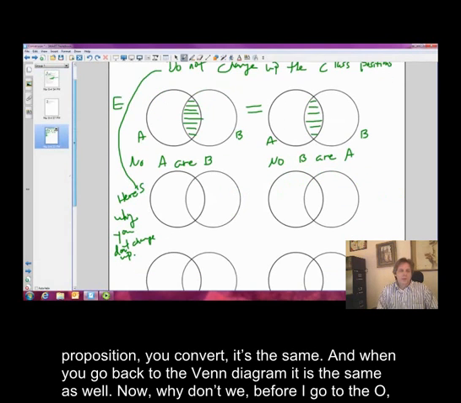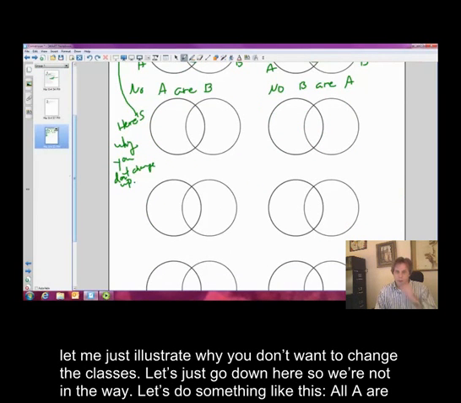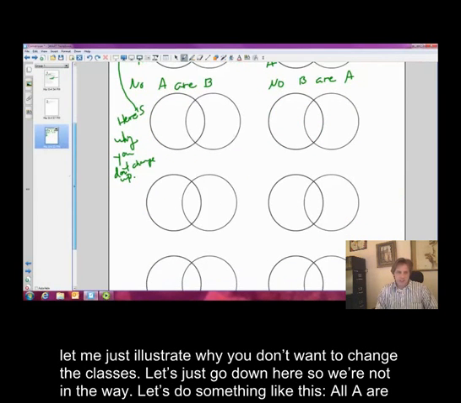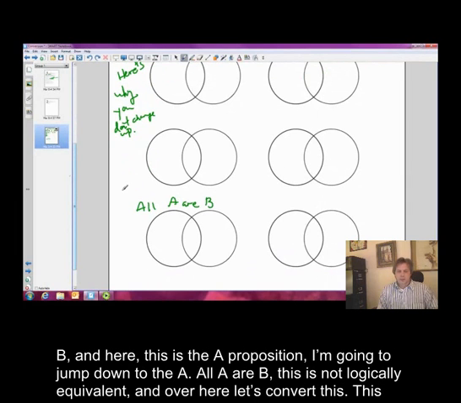Now, before I go to the O, let me just illustrate why you don't want to change the classes. Let's go down here so we're not in the way. Let's do something like this. All A are B, and this is the A proposition, okay?